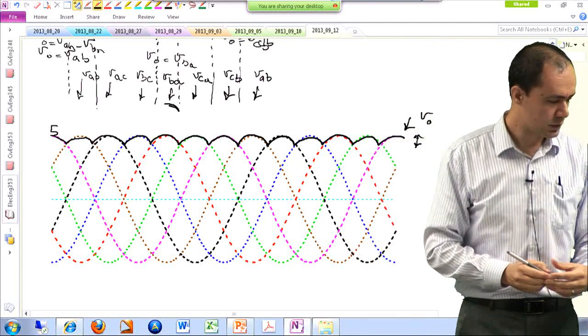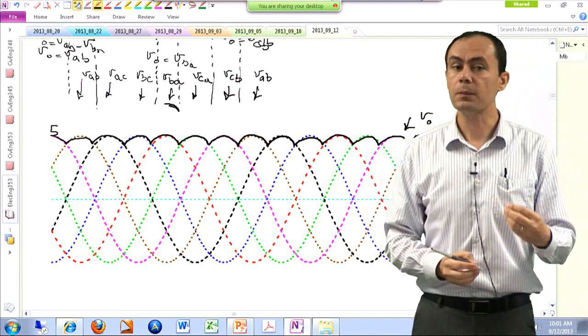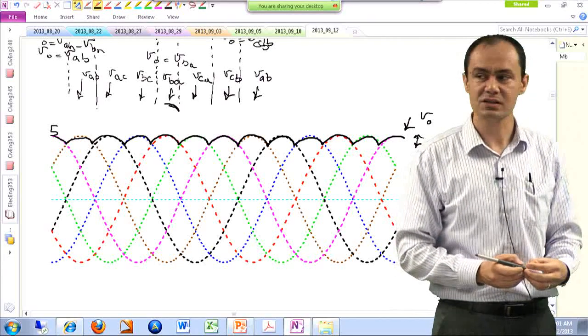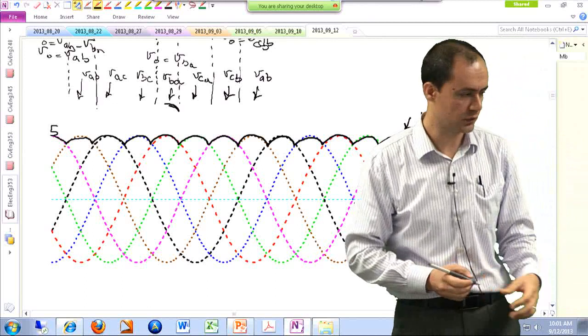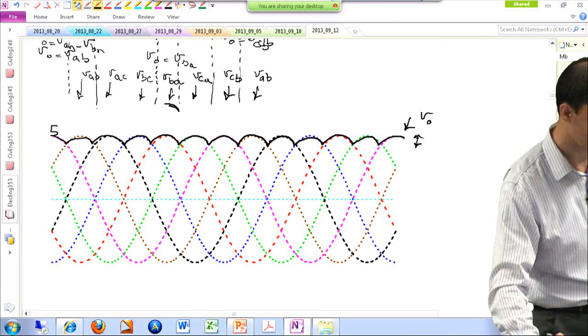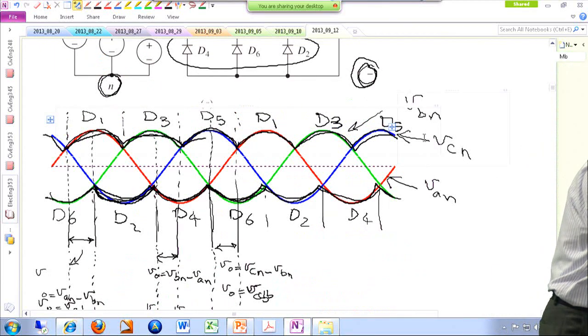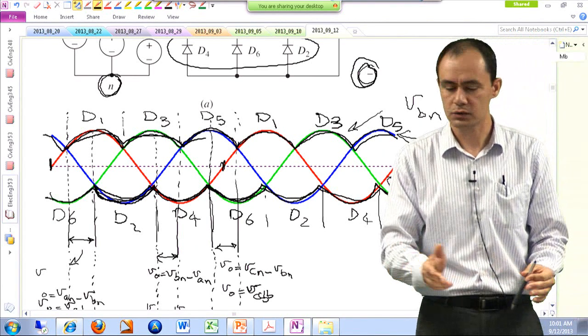So that's one note. The other one is, if you look at the frequency of the ripple that appears in your output voltage, it is 6 times the frequency of the input voltage. So if you look at one period of the input voltage, let's say from here to here is one period of my line voltage.